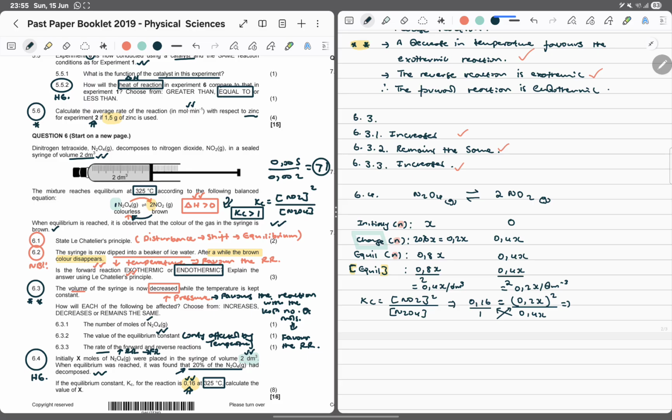So let's see, we will have 0,4 times 0,16. So what do we get here? We get 0,064x is equal to, now we got 0,2 squared. It gives us 0,04x squared.